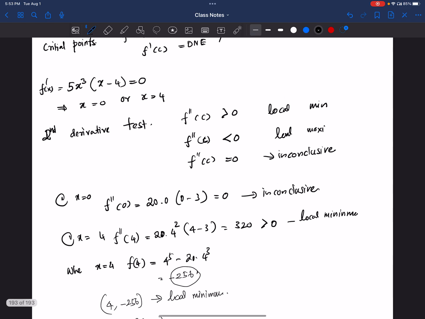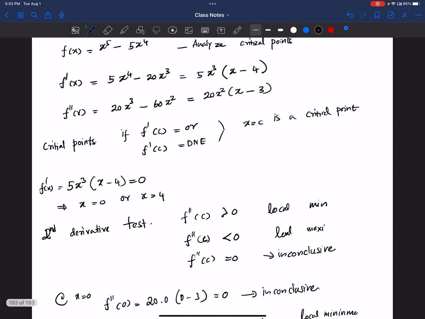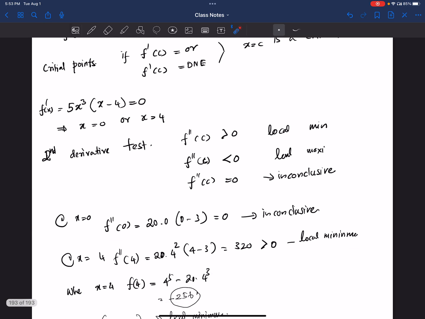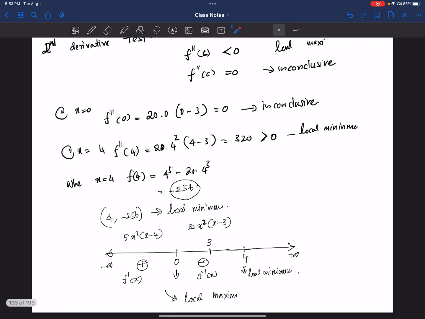If you put f double prime of x, that is 20x squared times (x minus 3), and you put any value less than 3, this is going to be negative. So the sign is negative here.